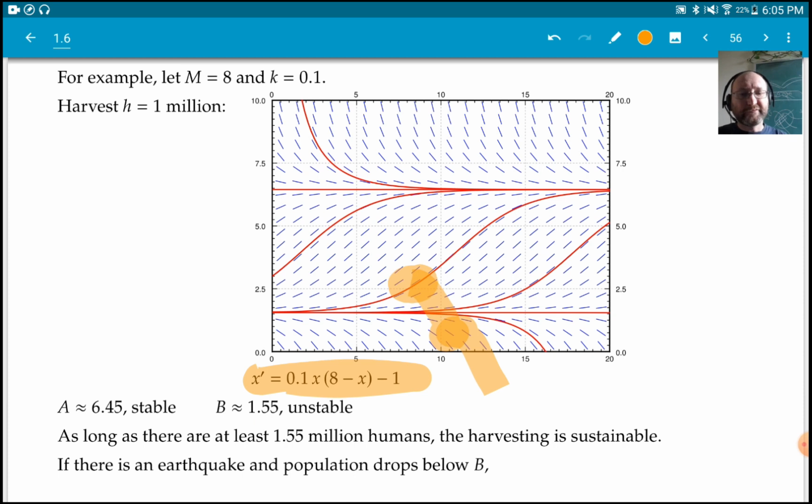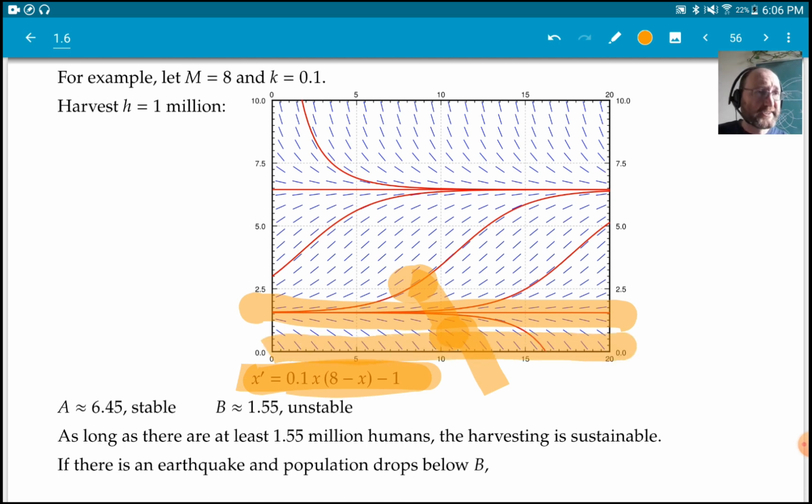So if there is a disaster, the population drops below this equilibrium point. The population drops to 0. I mean, mathematically, this equation will have this solution that keeps going down. But of course, if it's a population model, once it drops to 0, it's at 0. We're done, right? There's no more solution, right?